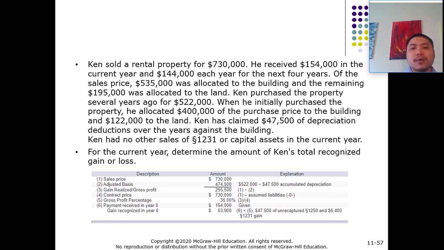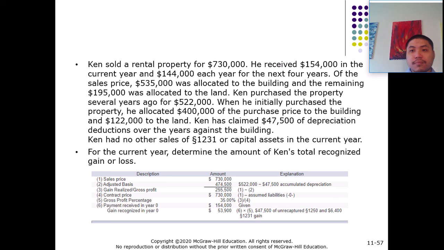In the first year, this guy received $154,000. So we just take $154,000 times 35%, and that gives us $53,900.